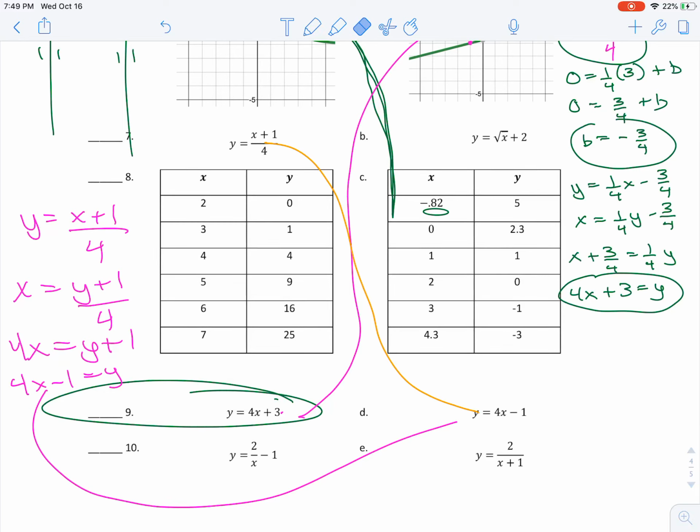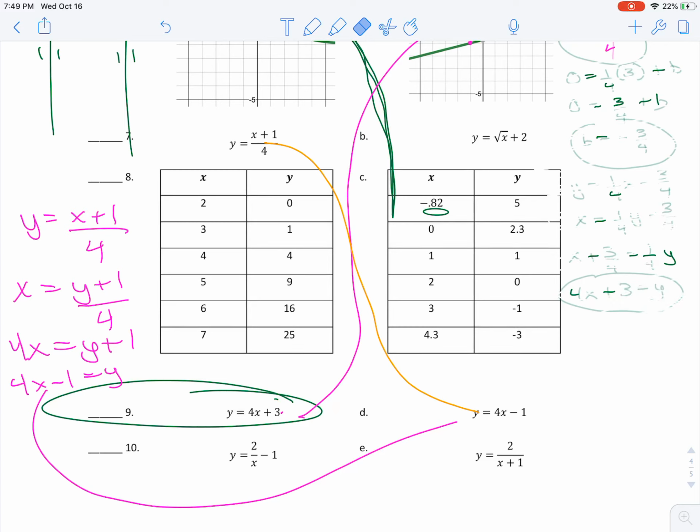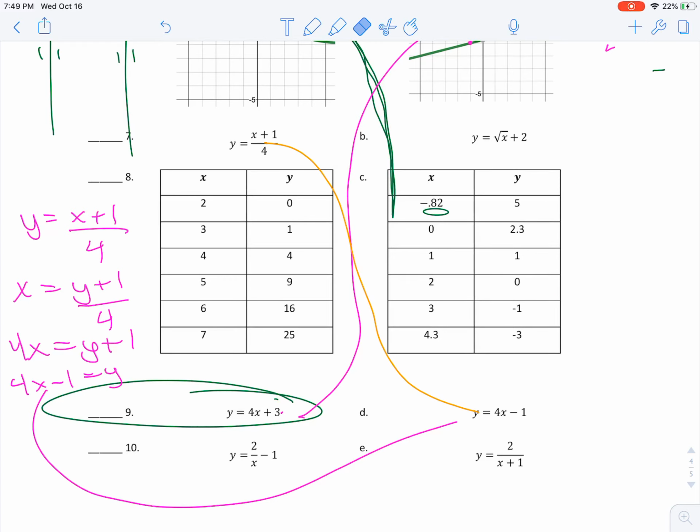Okay. I'm going to erase some of this work I have here on the side so we have room to do some other problems. So we're going to take the next one and see what we can get. Okay, so I'm kind of shortening my options here. There's only so many things that are left.